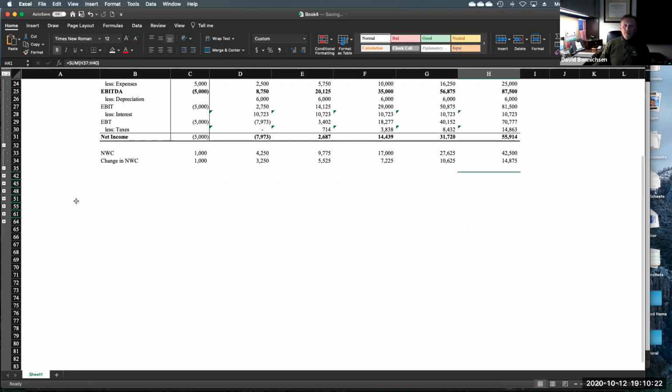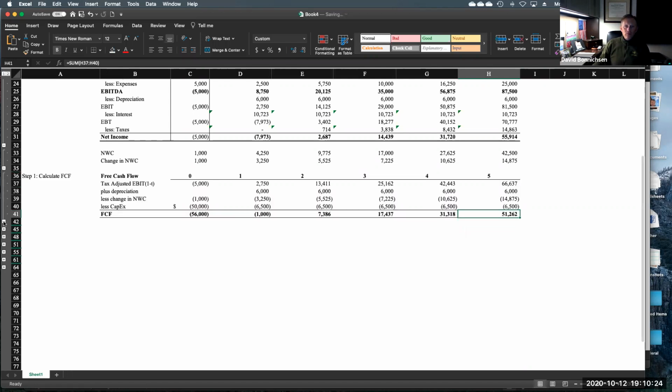So step two is we have to calculate the discount factor for each one of these years. Future value equals present value times 1 plus the rate to the time period.